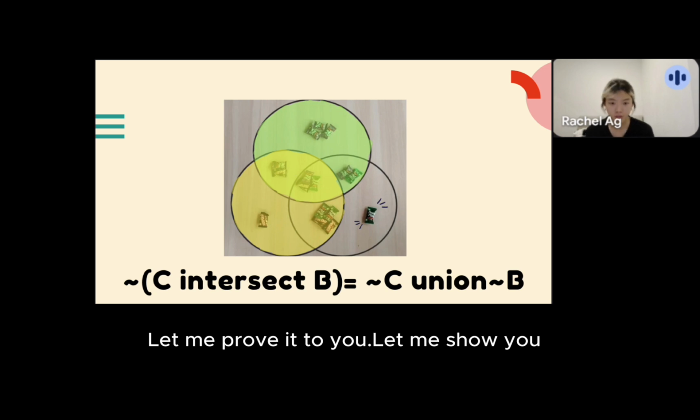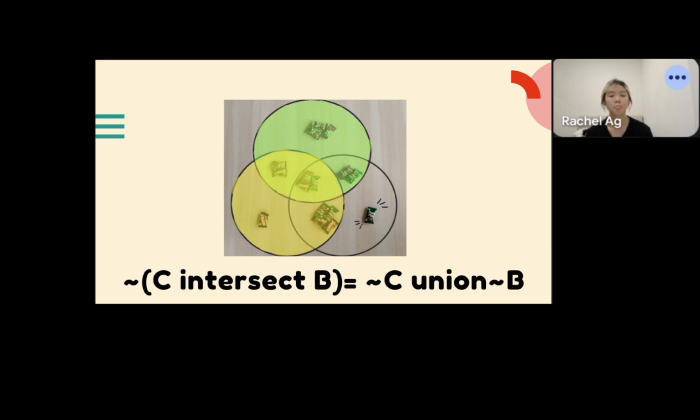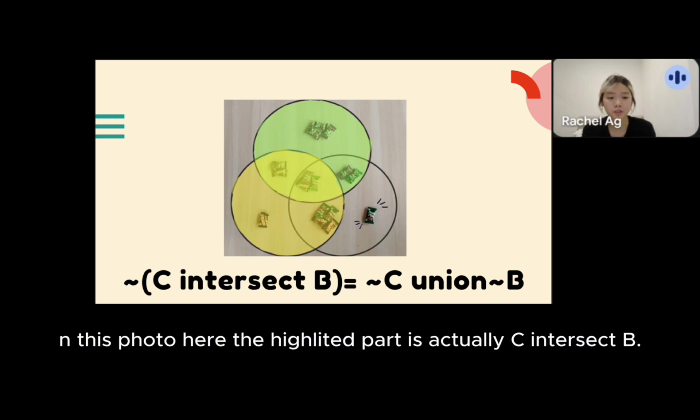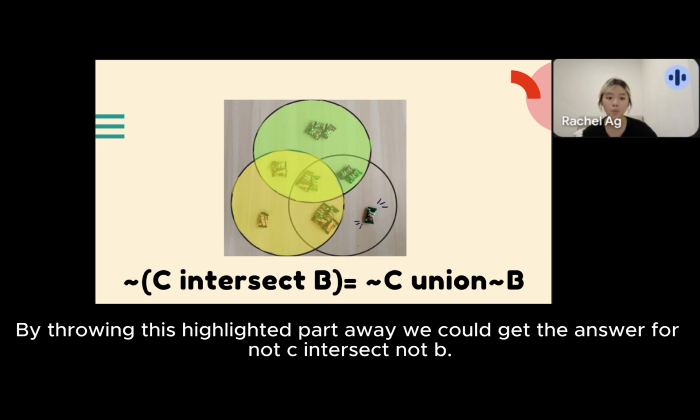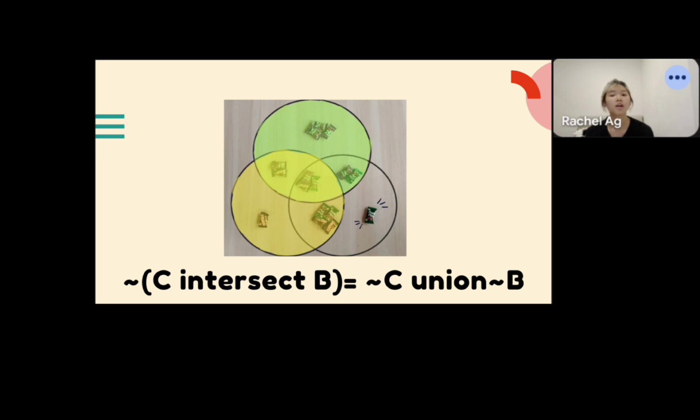Let me prove it to you. In this photo here, the highlighted part is actually C intersect B. By throwing away these highlighted parts, we could get the answer for not C intersect not B. Let me prove it to you.